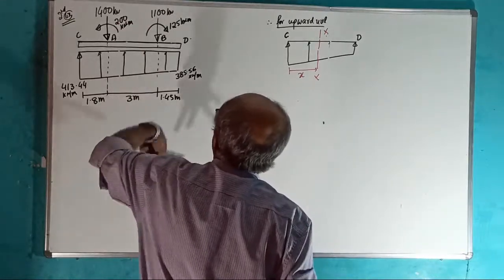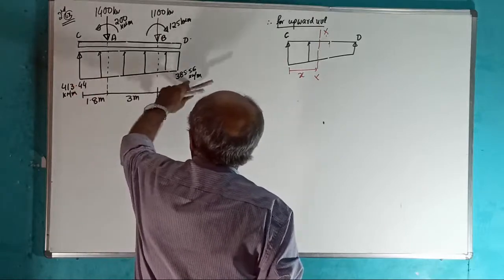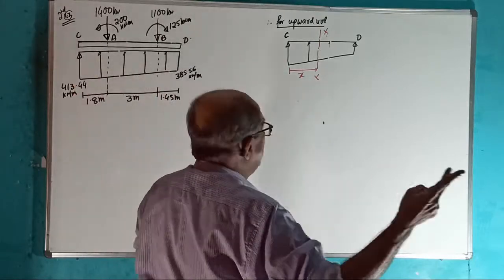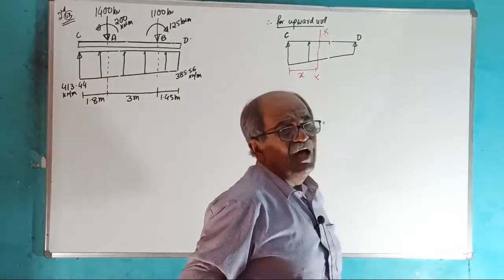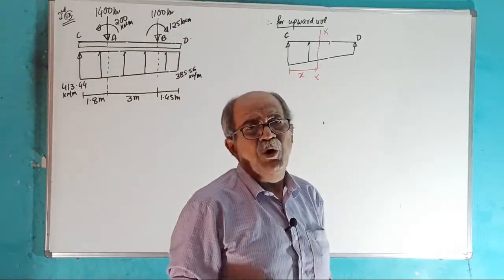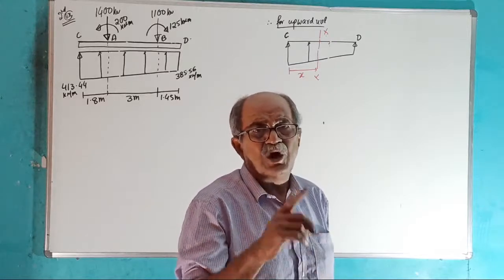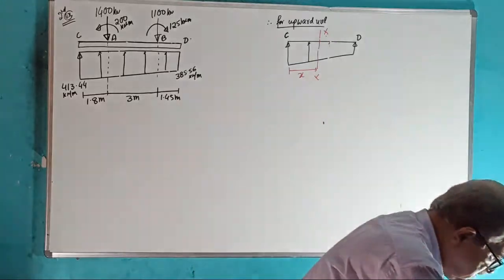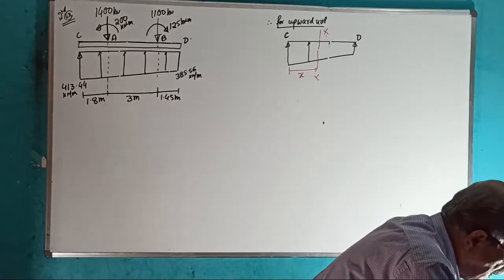Minus 1400, minus 1100, plus the sum of these two ordinates divided by 2 into 6.25. Why am I asking? Because I set the question. Suppose there is a mistake in the question, then equilibrium is not there. So I want to confirm it. Sigma V, how much? Minus 3.125?